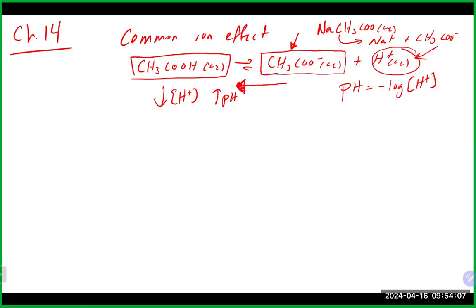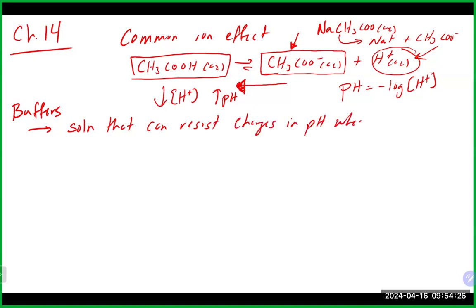This idea of the common ion effect is what occurs when we have buffers. And buffers, as we talked about, are solutions that can resist changes in the pH when you add more acid or base to them.